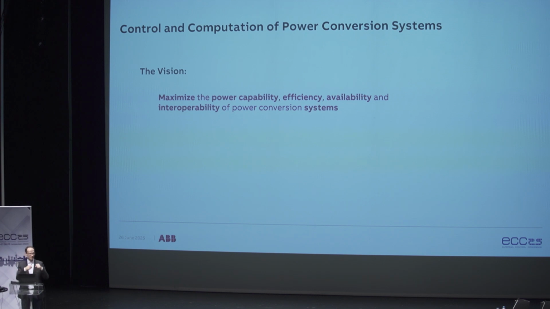Interoperability, so that we can combine different converters together and they play nicely together. And this is being done by using computation, so numerical, mathematical optimization, as well as control. And the ultimate aim, because it's medium to high power, is to help decarbonize the planet. And I will have a slide about that at the very end.